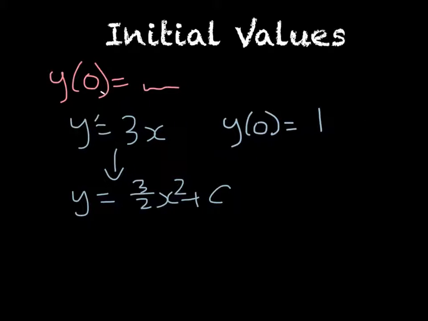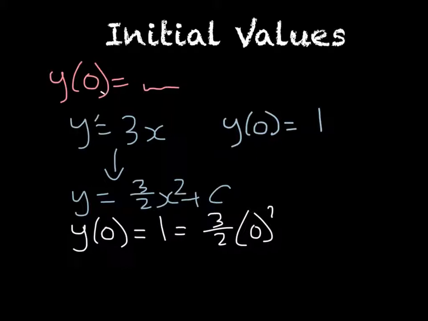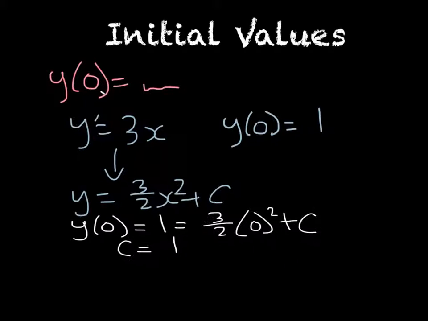So y at 0 equals 1 gives 3 halves times 0 squared plus c. And so now it's easy to see that c equals 1, meaning that our complete solution to the differential equation is y equals 3 halves x squared plus 1.